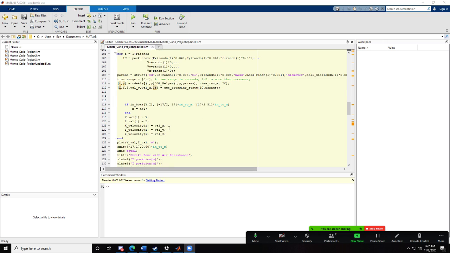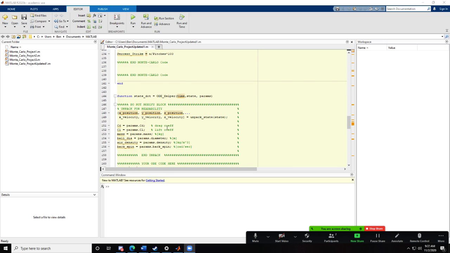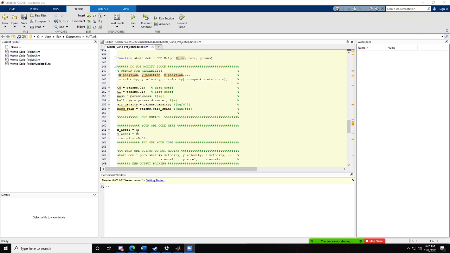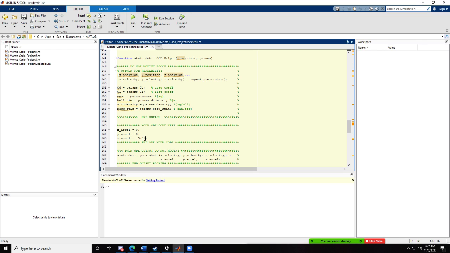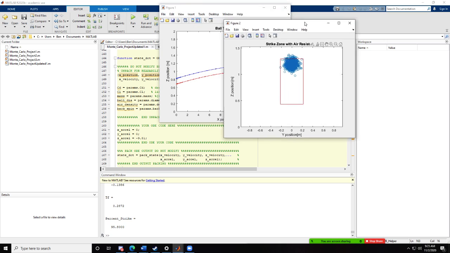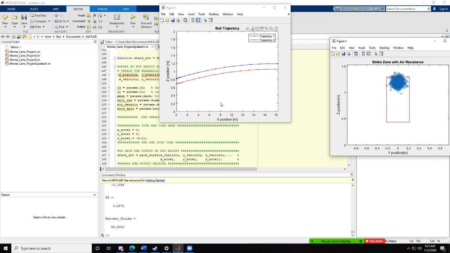Here's your acceleration. This is where we're going to have to put the force of drag, force of lift, and the summation of forces in x, y and z, then divided by the mass. So you see the z acceleration here is the vertical, which is the gravity. With the programming running as intended, with just the acceleration of 9.81, you get a pretty good trajectory.